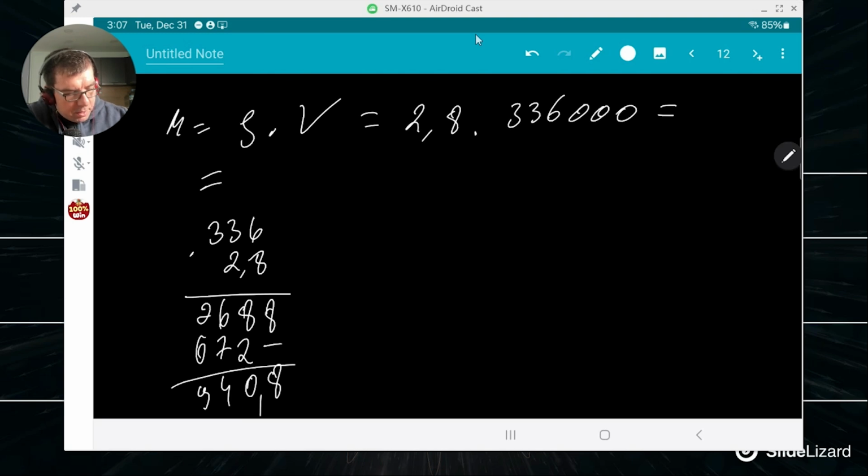So I add 3 zeros at the end, so this will be 940, 8 and 2 zeros. If I multiply by 1000, I switch by 3 positions. So this is going to be in grams.